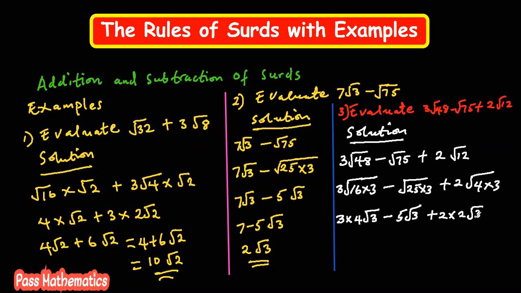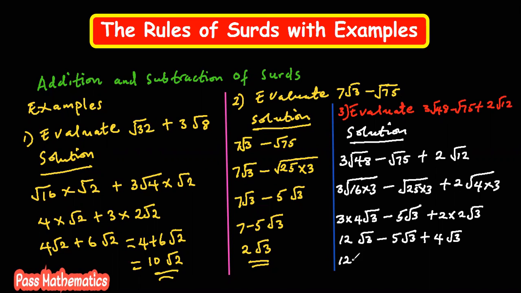You can see that we now have similar surds, with root 3 each. So this is going to be 12 root 3 minus 5 root 3 plus 4 root 3. So we are going to pick root 3 once, but we are going to simplify the coefficients.